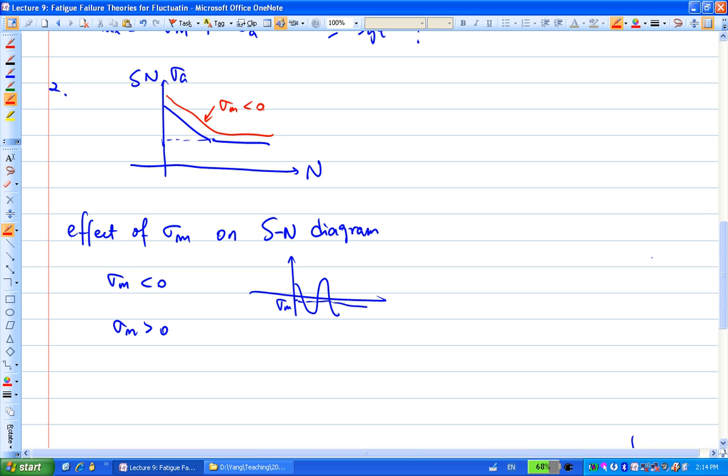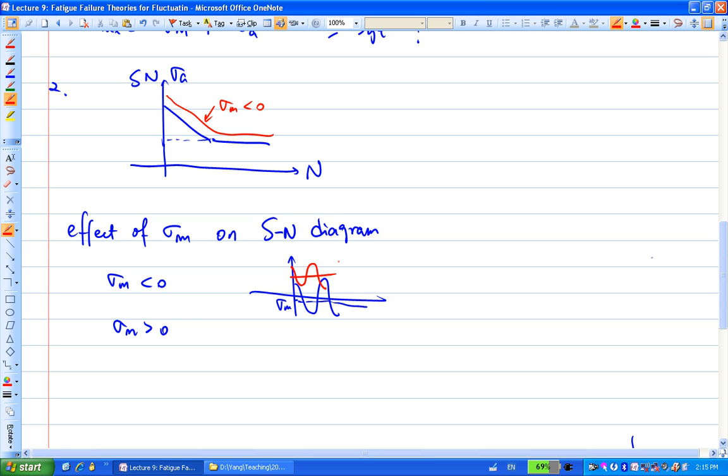So consequently, similarly, if sigma m is greater than 0, then you're introducing an additional tensile stress, mean tensile stress, into this loading condition. Right? So it will be something like this. So naturally, what happens is it'll basically reduce the fatigue strength, or it'll reduce the number of cycles for you to fail, right?